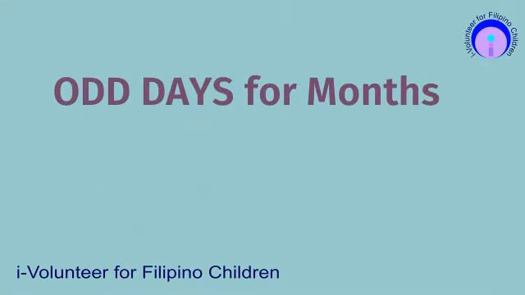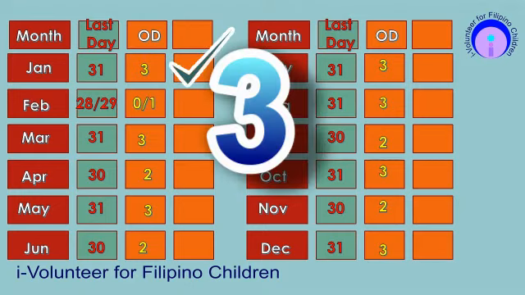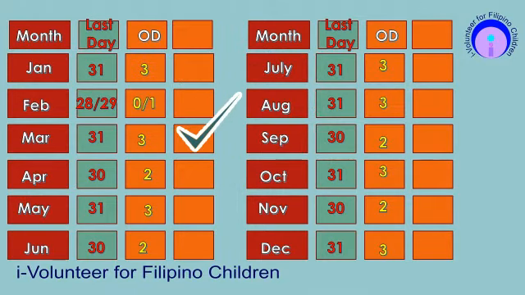Here is another table valuable in solving the problem on odd days. All months with 31 days have an odd day of 3. These are the months of January, March, May, July, August, October, and December.